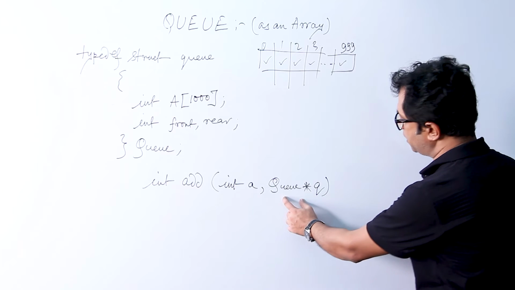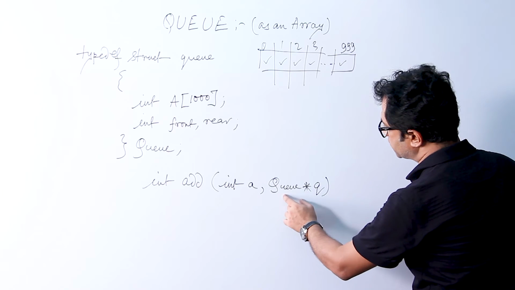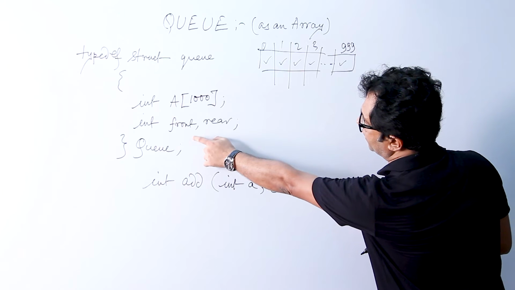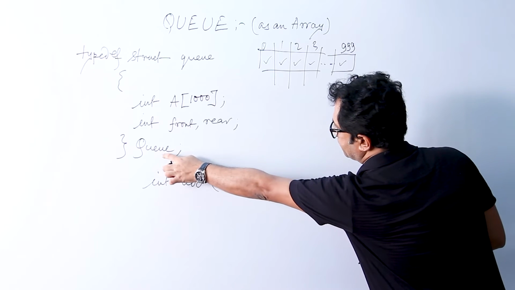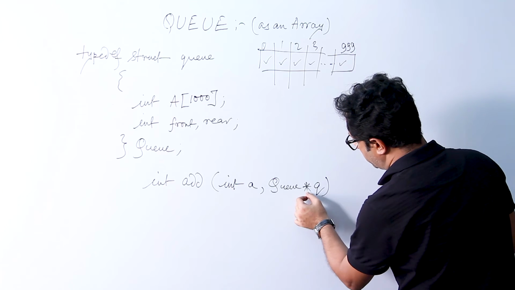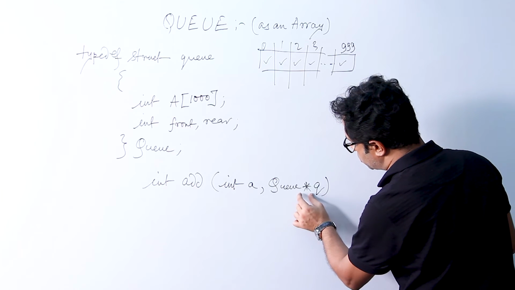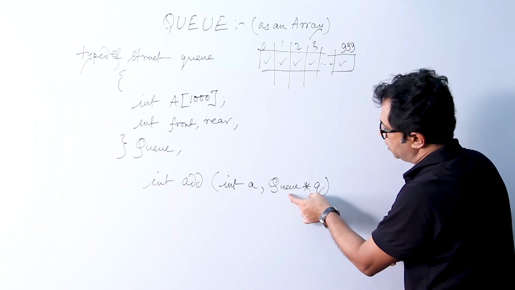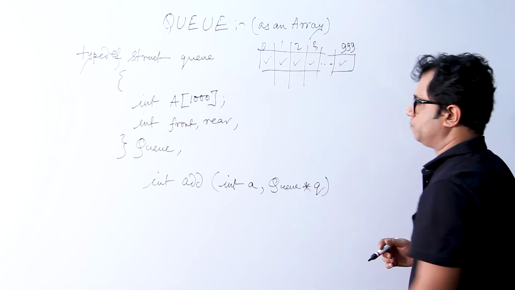This is a similar pointer to a user defined data type which we have defined over here. That is, the data type is queue, which is a user defined data type, and the pointer small q is a pointer variable which points to the data type queue.